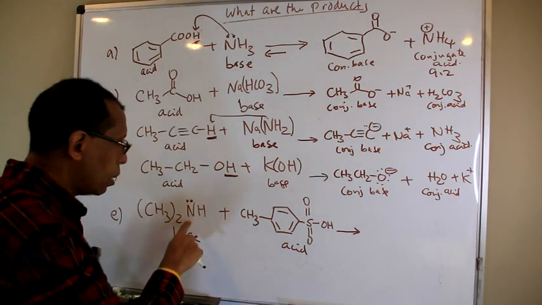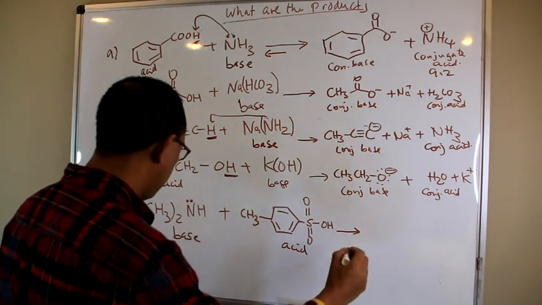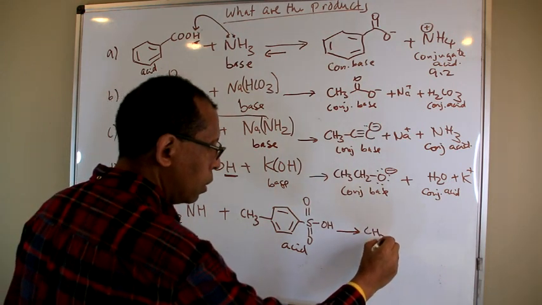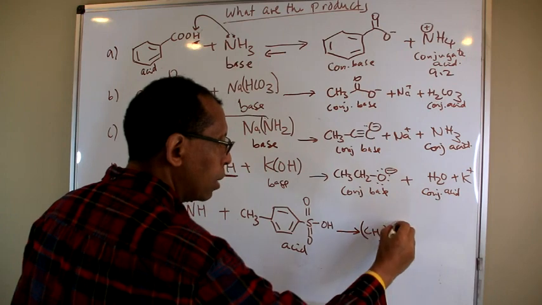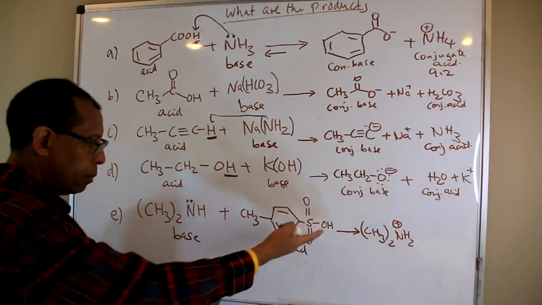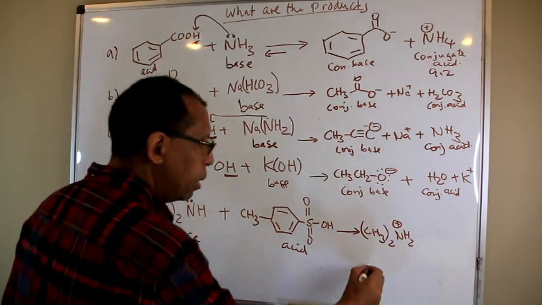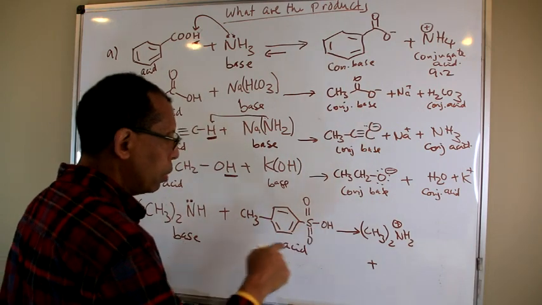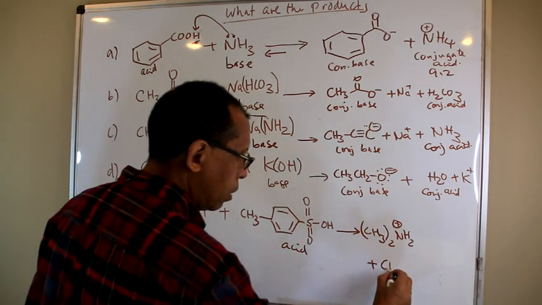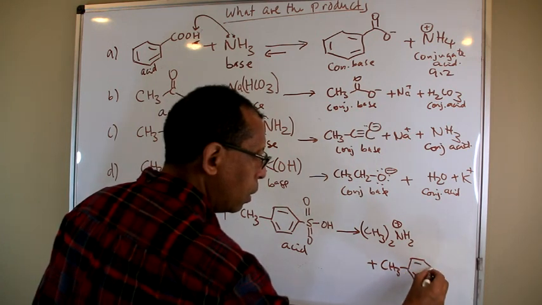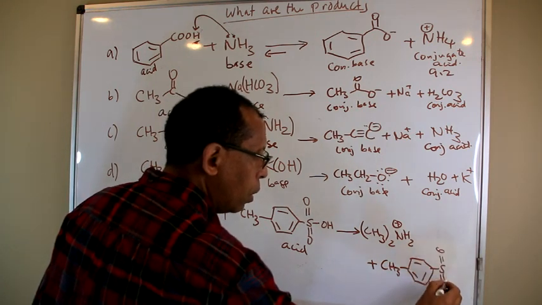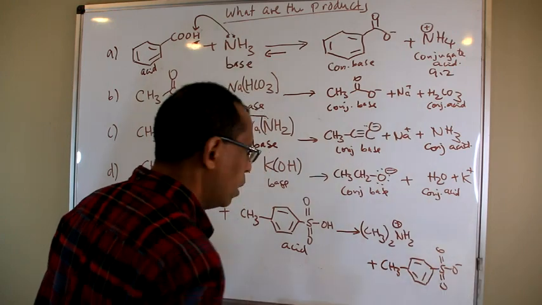Now, if you just write the product for this, the product looks like CH3NH2 plus, because one proton has been transferred, and plus one proton has been abstracted from that, CH3SO3 minus.